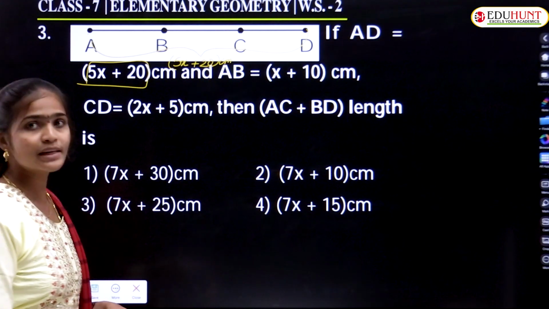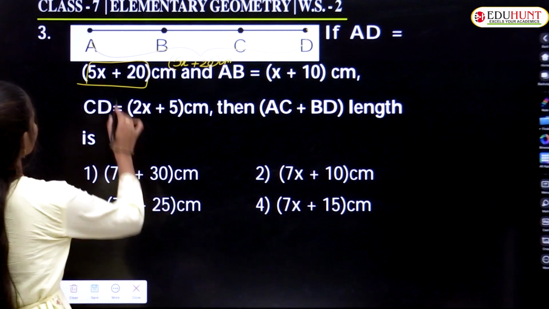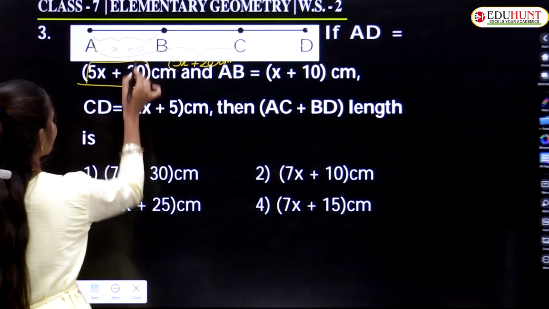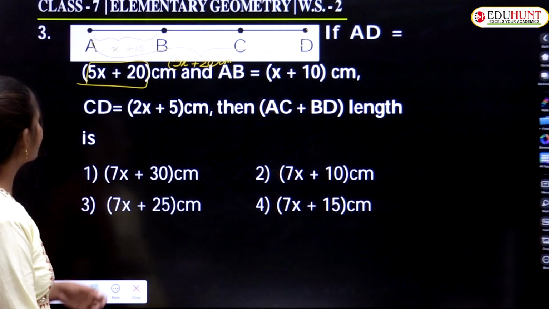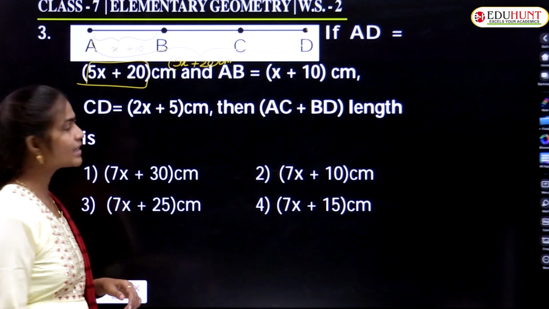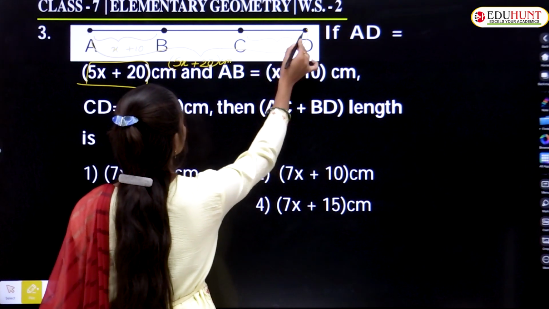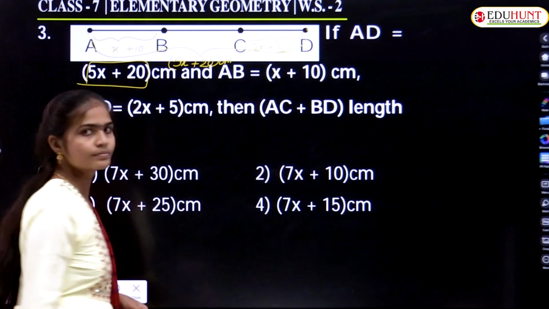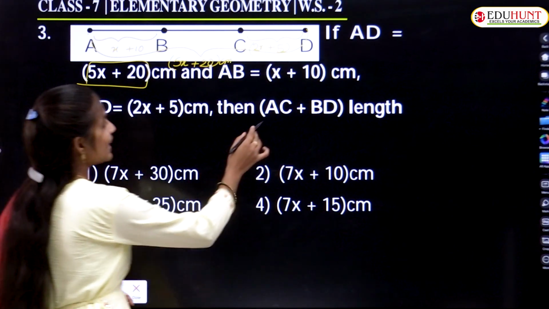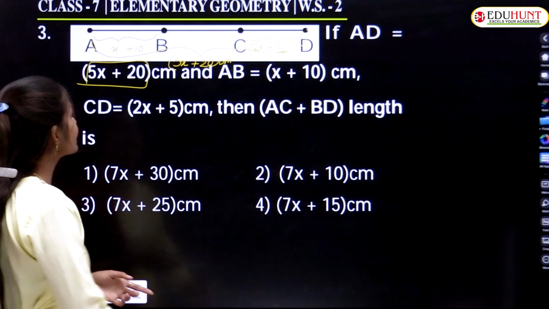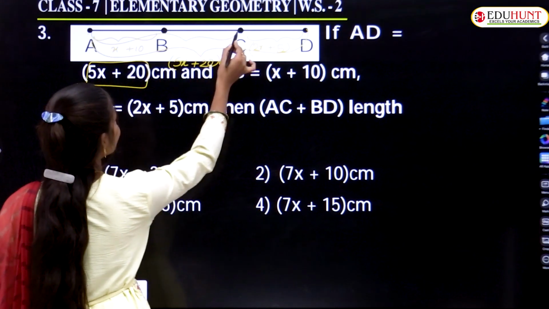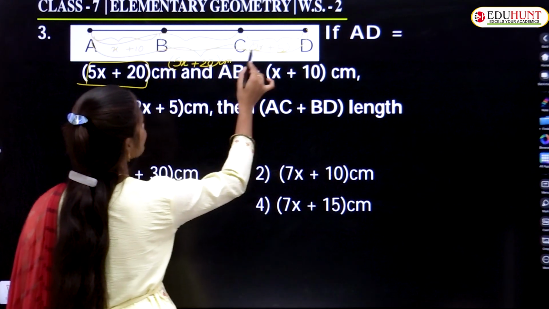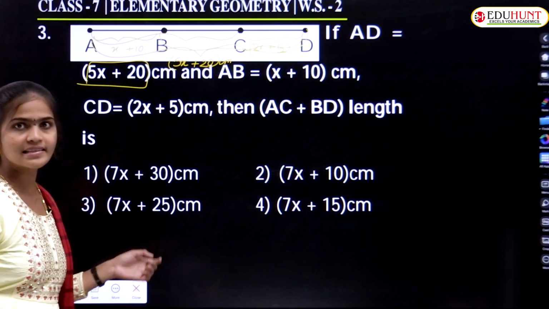After that AB is equal to x plus 10 centimeters. Clear? Next, CD is equal to 2x plus 5 centimeters. Then they are asking for the lengths of AC plus BD. AC means this length we have to find out, as well as BD means this length also we need to find out. Okay, let us see that problem.